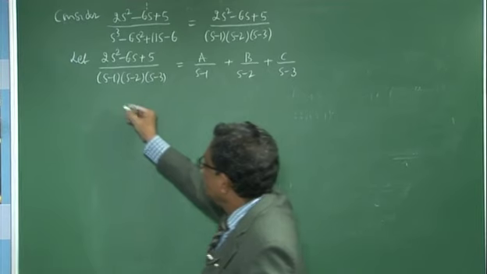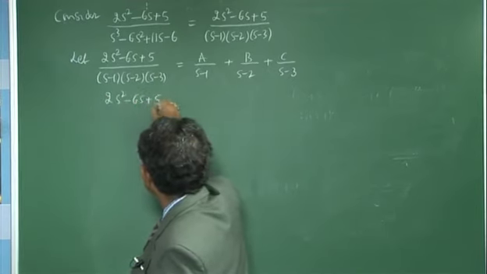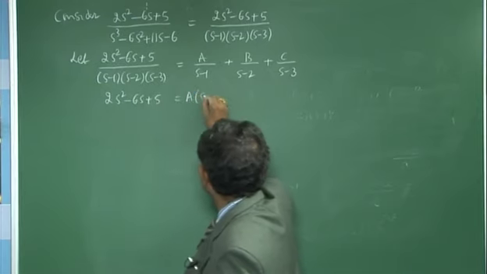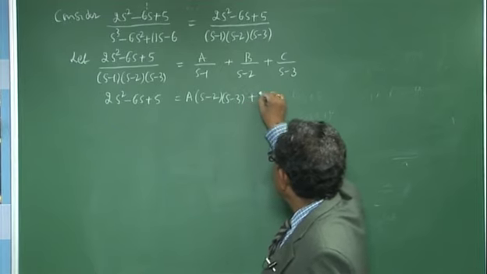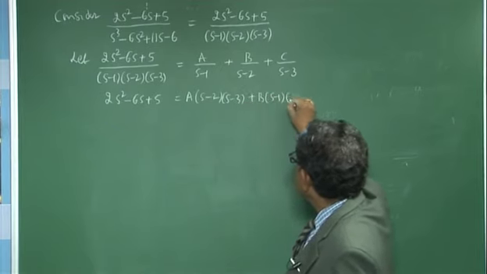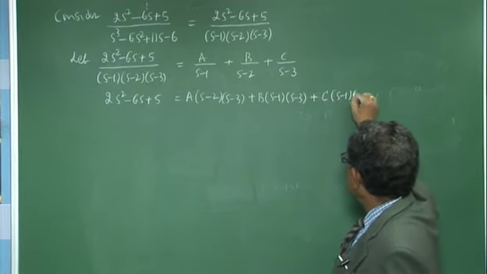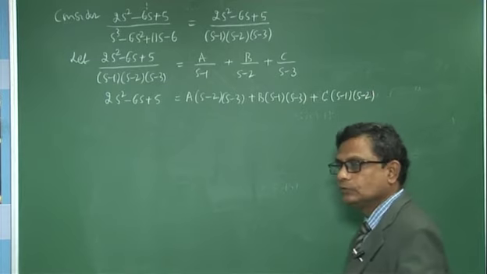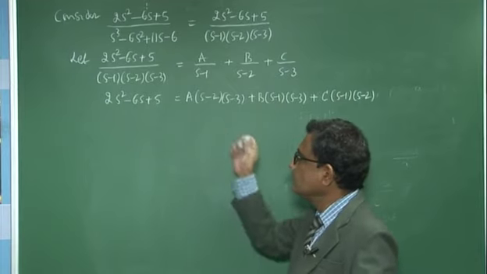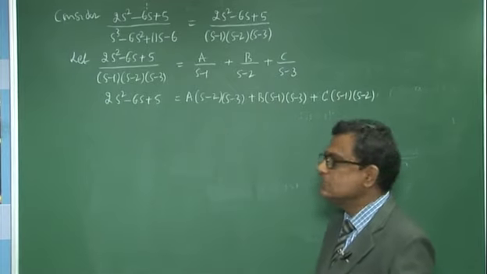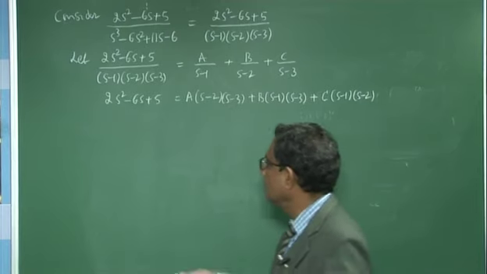Now, easily we can find the constant values. 2s square minus 6s plus 5 equals A into (s minus 2)(s minus 3) plus B into (s minus 1)(s minus 3) plus C into (s minus 1)(s minus 2). By taking the LCM and simplifying, you will get this. Now, you can easily find the constant values. We know how to do it.